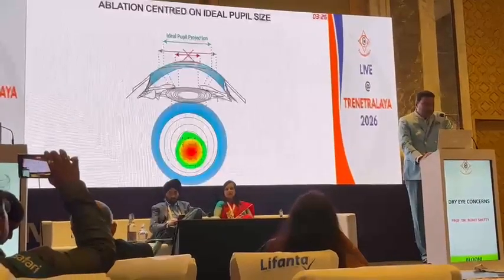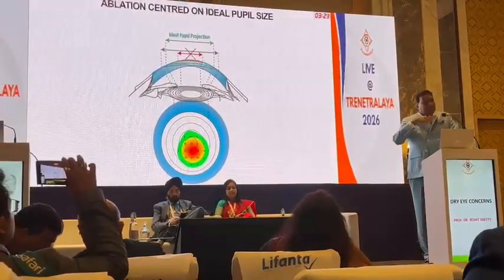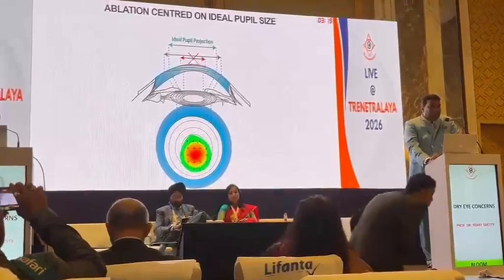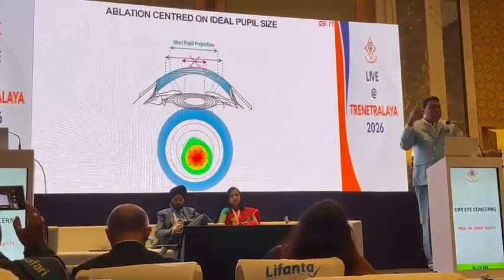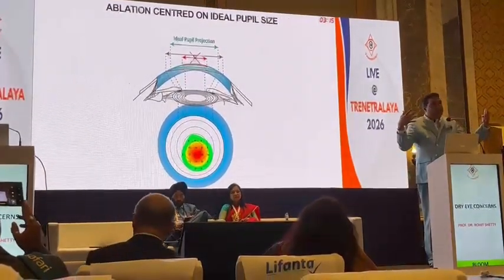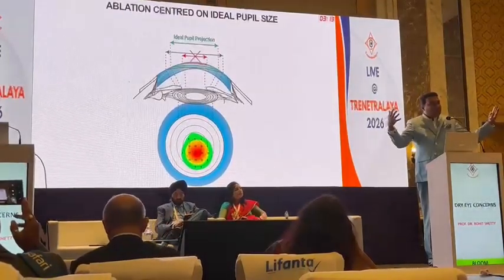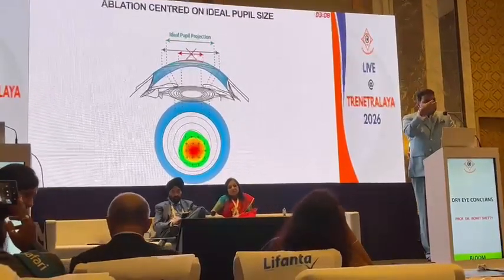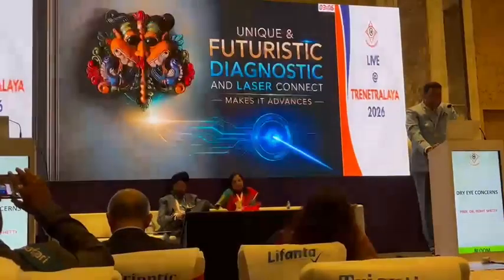And the ablation profile is not the one big 6 or 7 millimeter zone we usually see. It's based on how your pupil is, because based on the Stiles-Crawford law, what is in the periphery of your pupil edge is not important. For you, it's your central pupil zone, the mean pupil size, where you need light beams to go.